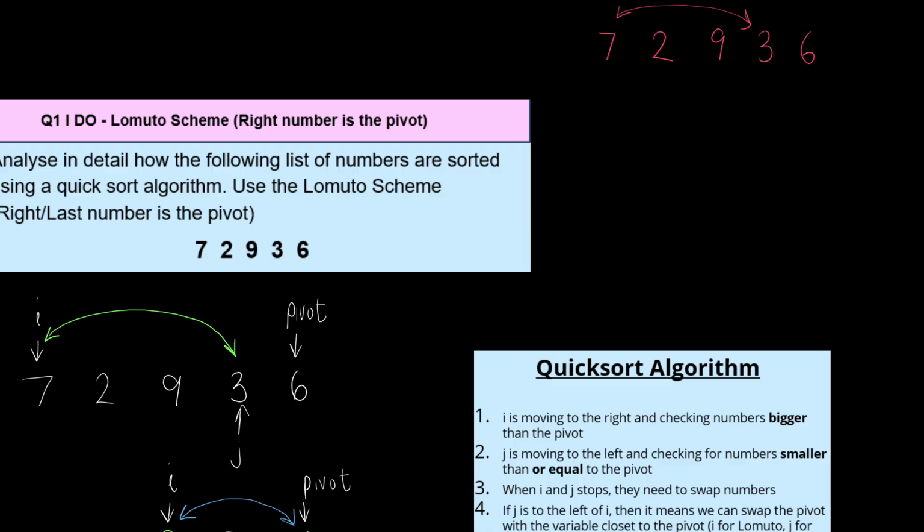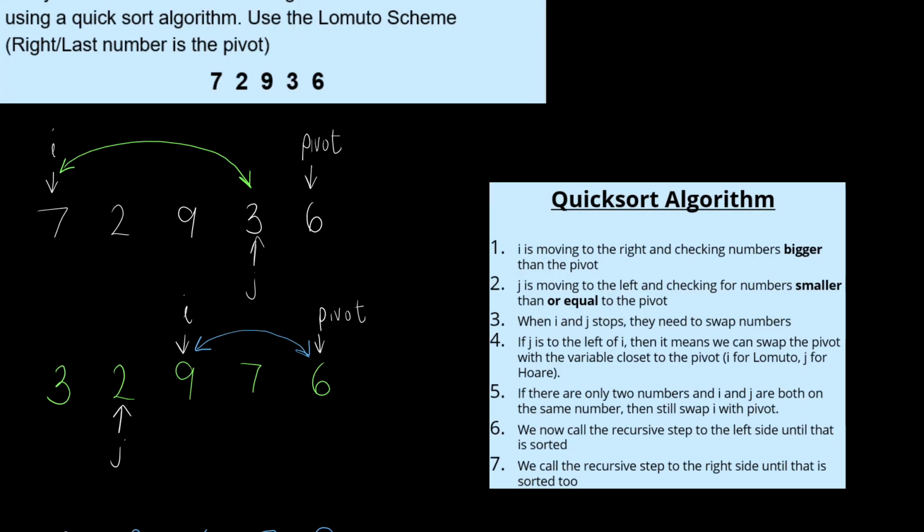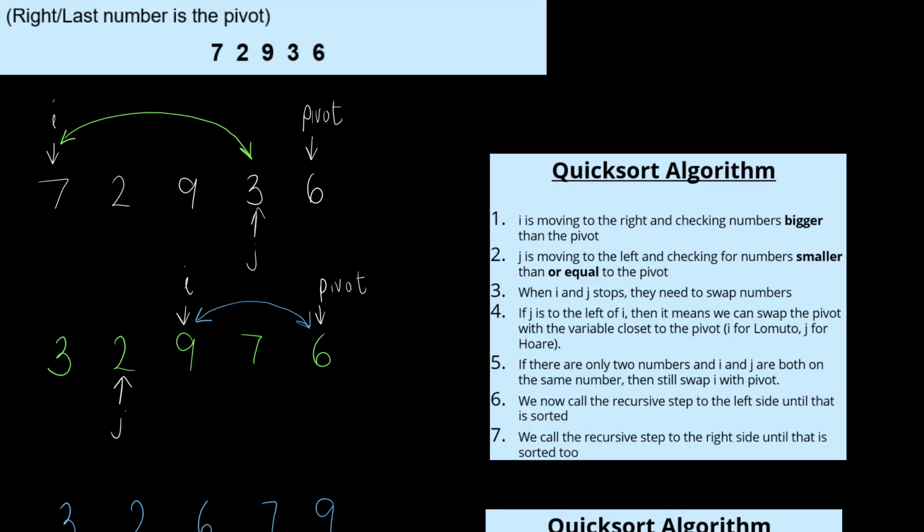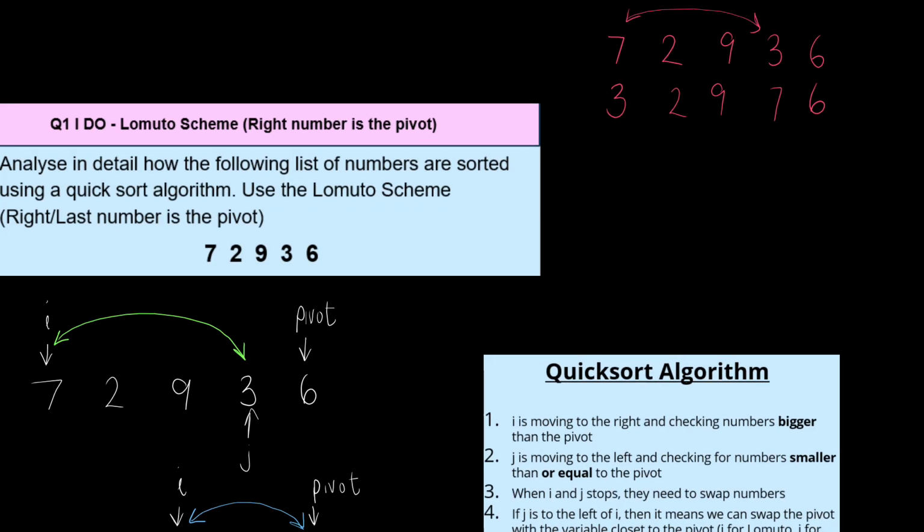So we had 3, 7 here. 2, 9, and 6 are still there. Then the next swap, we swap 9 and 6. So in my next iteration, I will go 3, 2, 6, 9, 7.